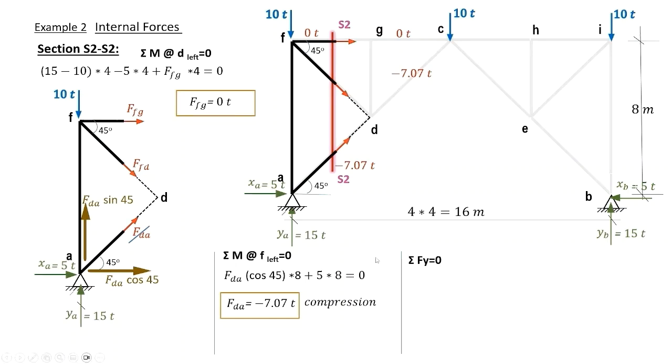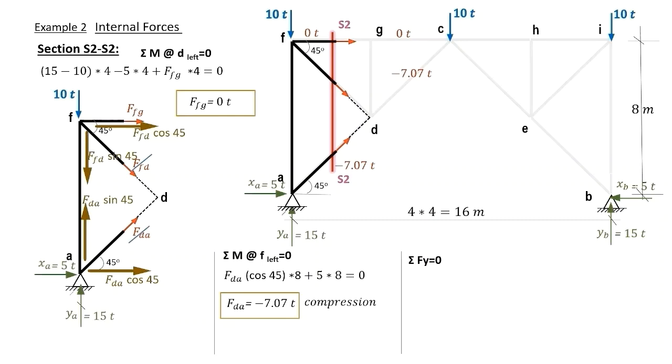Now we consider the forces in the y direction. Sigma forces in the y direction equals 0. Now we need to analyze the force in FD into the two components, one horizontal and the other vertical.